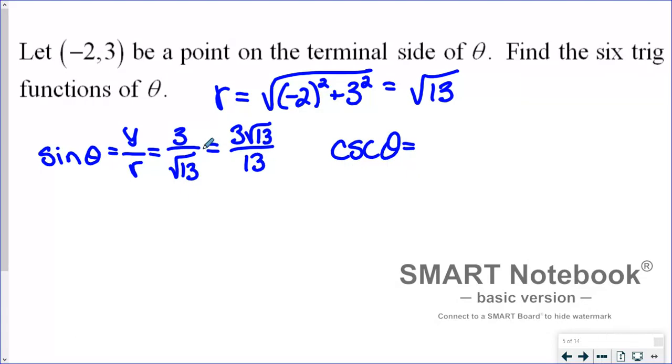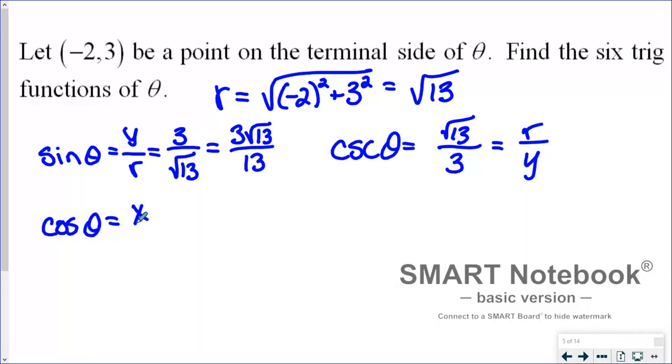If you take the reciprocal of this pre-rationalized, then you don't have to worry about it. So this would be the square root of 13 over 3, which in terms of the formula is just r over y. Cosine of theta is equal to x over r. In this case, we have -2 over the square root of 13. When rationalized, -2 root 13 over 13.